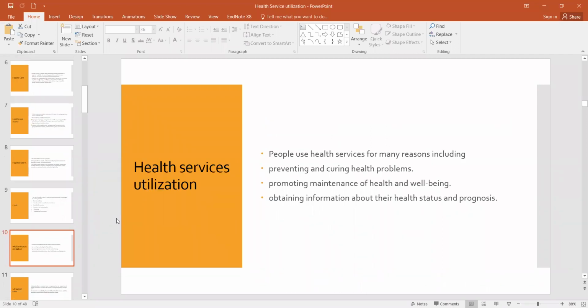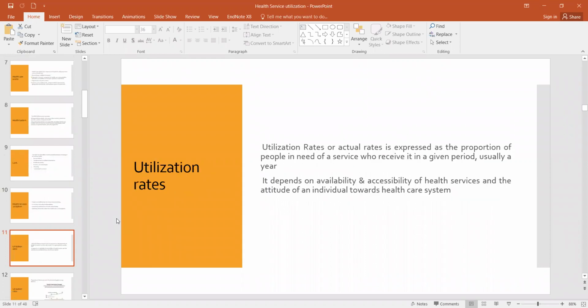What is health service utilization? Actually, health service utilization is the services which are used by the people for many reasons, like preventing and curing health problems, promoting maintenance of health and well-being, and obtaining information about their health status and prognosis.